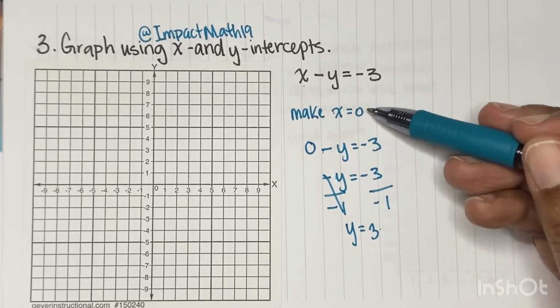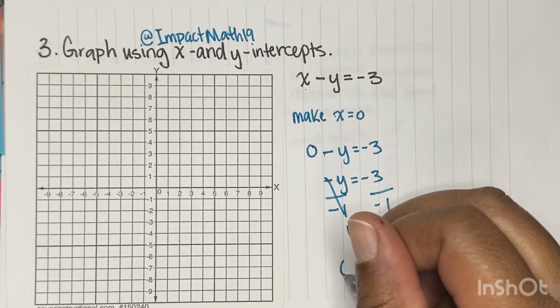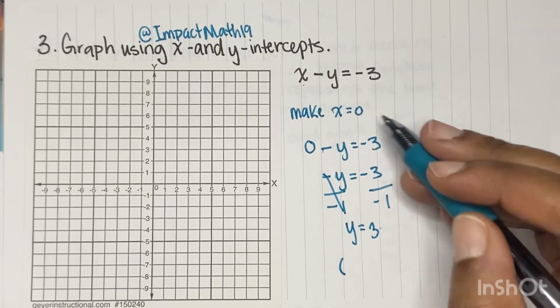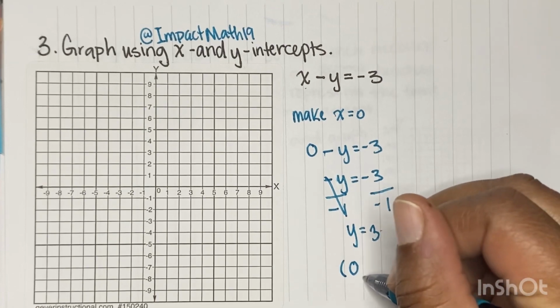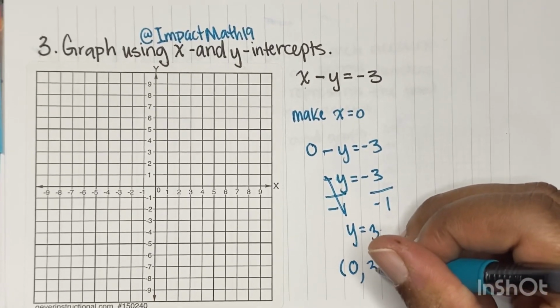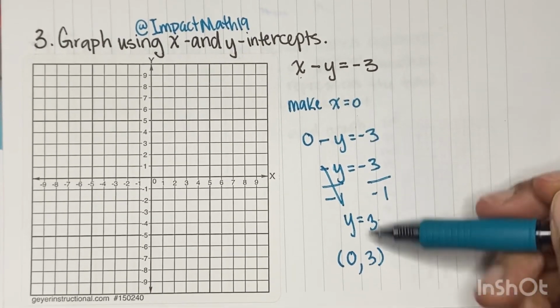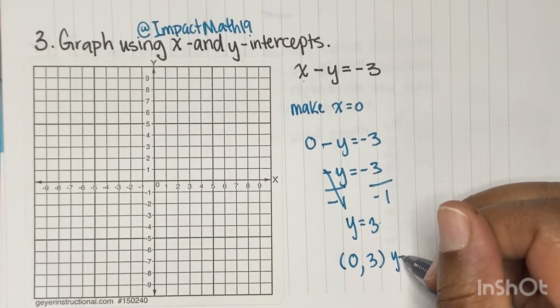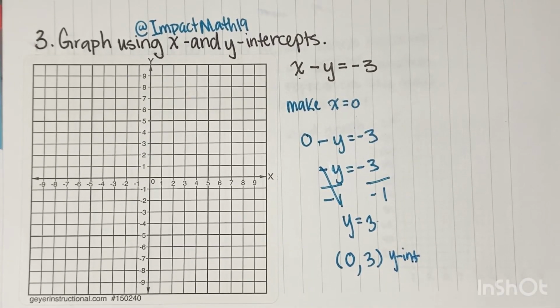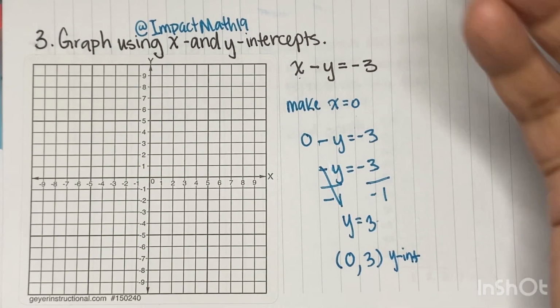So my y-intercept is going to be, what did I plug in for x? 0. And my y is 3. And this is how you write your y-intercept.